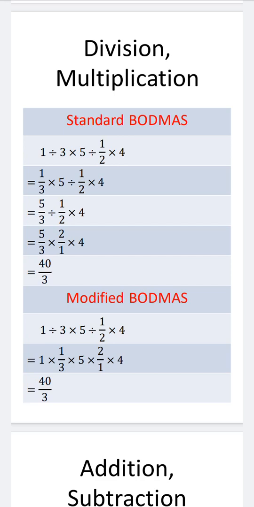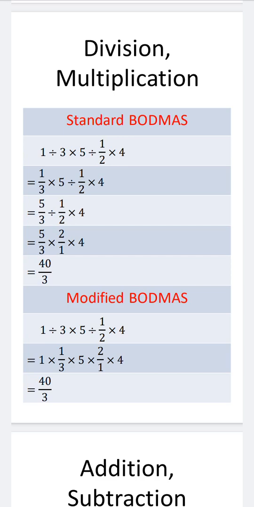Let us look at the modified BODMAS way of doing it. We convert divisions into multiplication by taking the reciprocal of the number following the division sign. So divide by 3 becomes into 1 by 3, and divide by 1 by 2 becomes multiplication by 2 by 1.